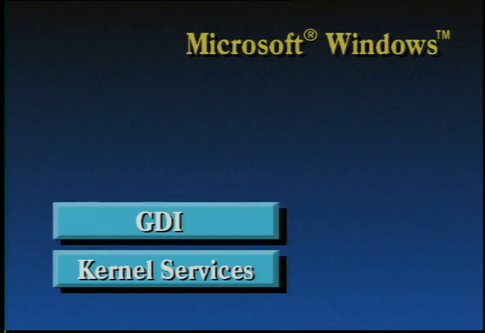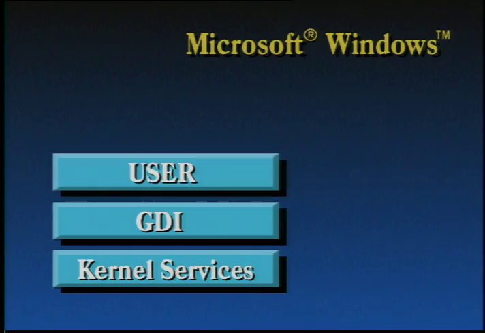On top of that, we have a lot of graphic services in the graphic device interface, GDI layer. This is a very simple canvas-oriented model for drawing. GDI is very powerful and lets you use the same code to draw to the screen or to print to a printer. A very important notion for device independence. Layered on top of all this is the user component, the user interface component of Windows.